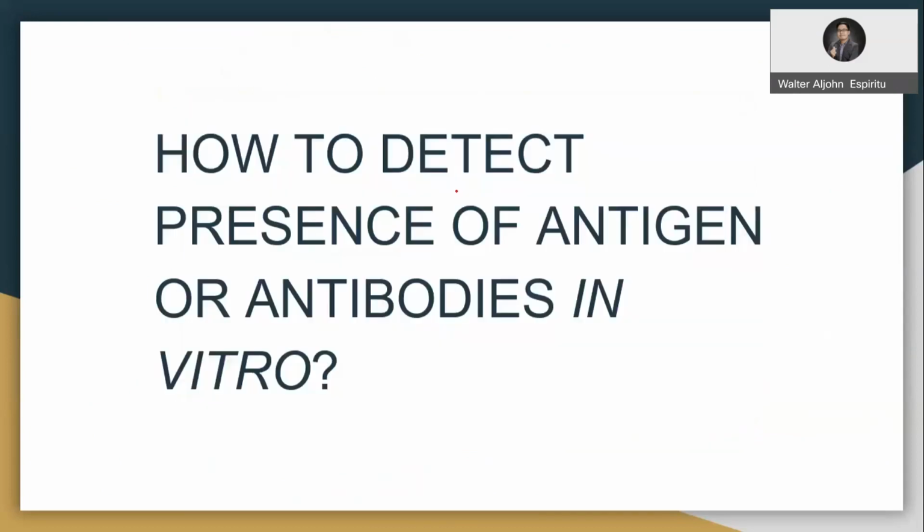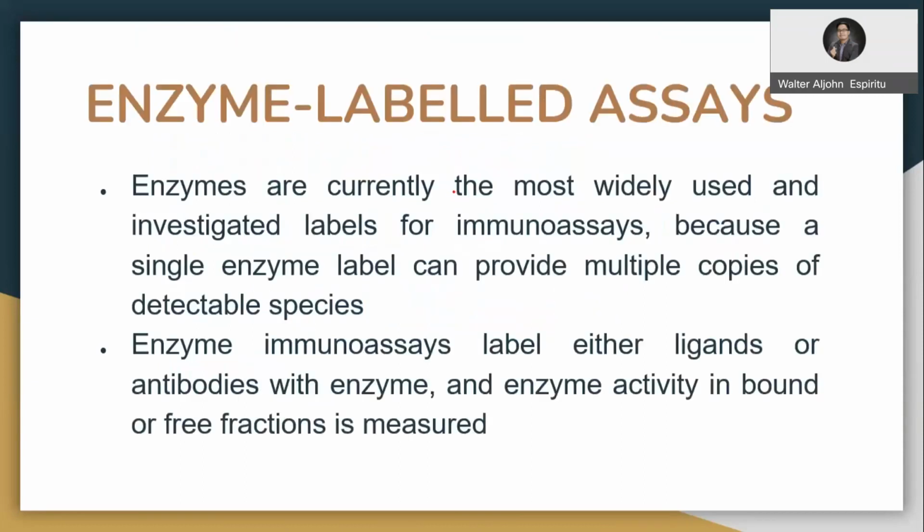So how do we detect the presence of an antigen or even antibodies in vitro? Meaning in laboratory settings, using tubes or different plates. We can use enzyme labeled assays, which are the most widely used in order to investigate immune responses and activities.